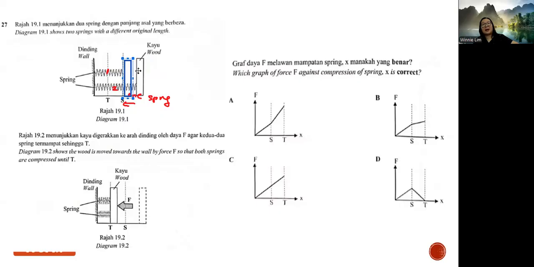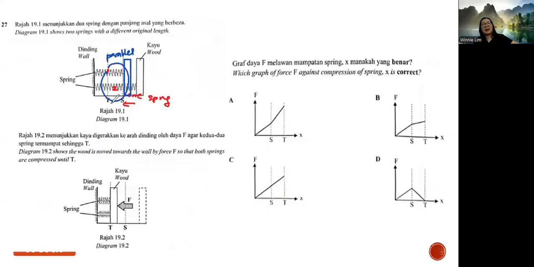Notice, when I am at S and I compress further, I'm pushing 2 springs together. And these 2 springs in this context are what? They are parallel. Notice or not? They are parallel.